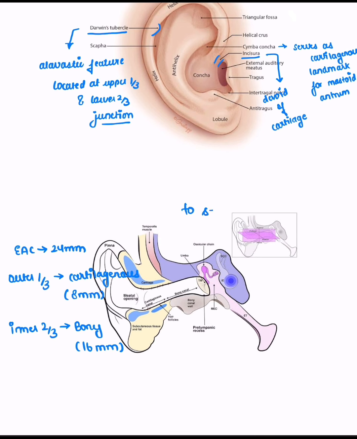To see the external auditory canal, we pull the ear upwards, backwards, and laterally.